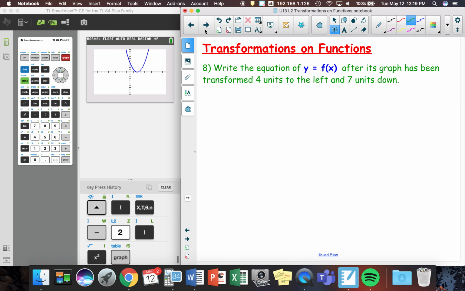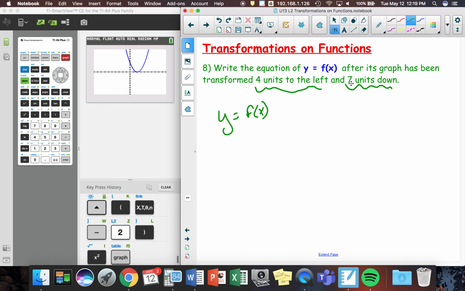Alright, I believe this is the last one here, yeah. So it says write the equation of y equals f of x after its graph has been transformed 4 units to the left and 7 units down. Okay, so we'll take our original function, y equals f of x. Now, I like to work with where it goes up and down first.